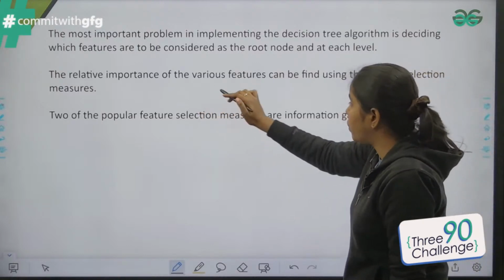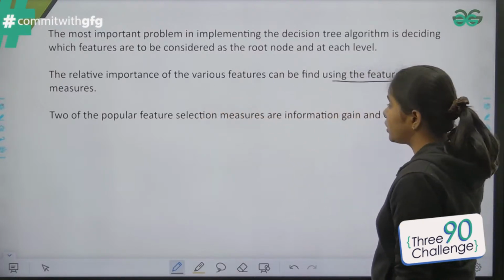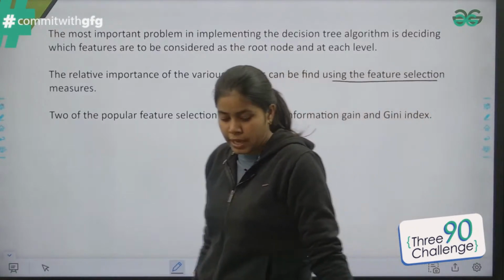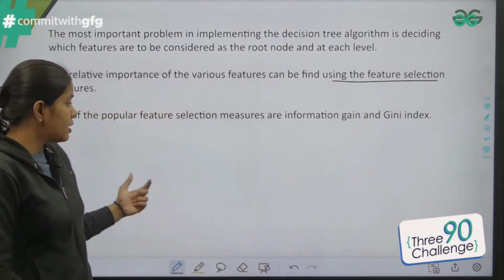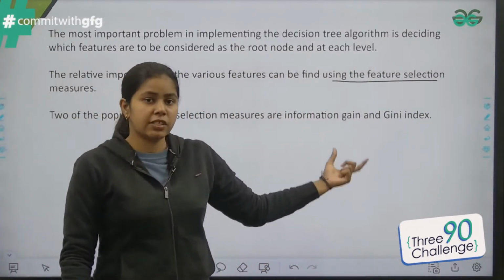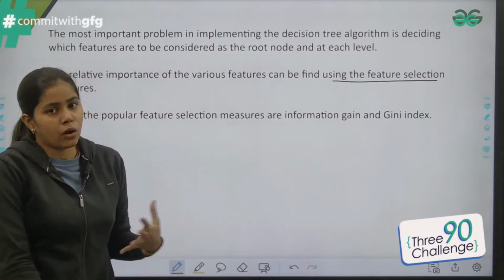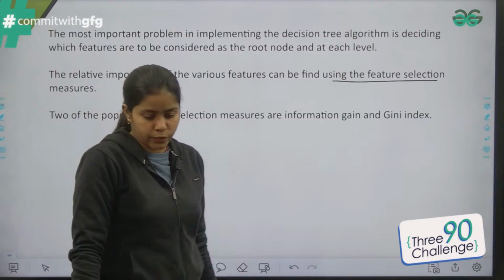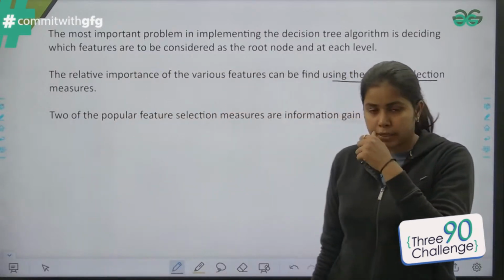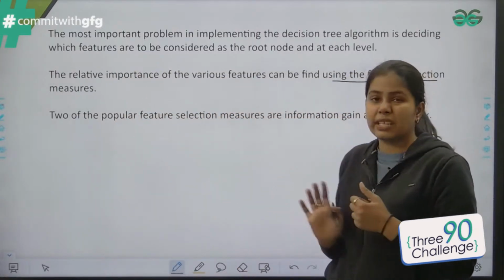The relative importance of various features can be found using feature selection measure. We have two feature selection measures, that is information gain and Gini index. So we'll see how information gain and Gini index work. I hope you understand why we are finding out information gain and Gini index.